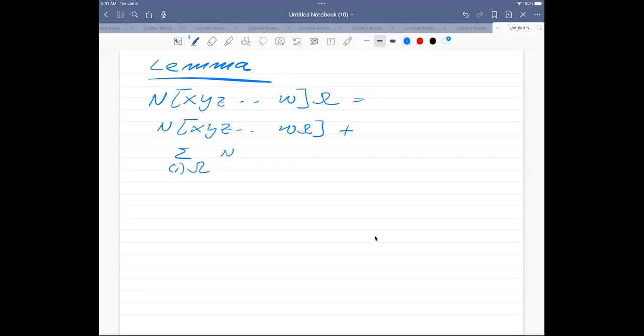So when I mark it like this, it means that the other operators are contracted only with the newcomer operator. So we would have x, y, z, and this goes like an omega. And then I indicate that these operators are contracted with omega only.